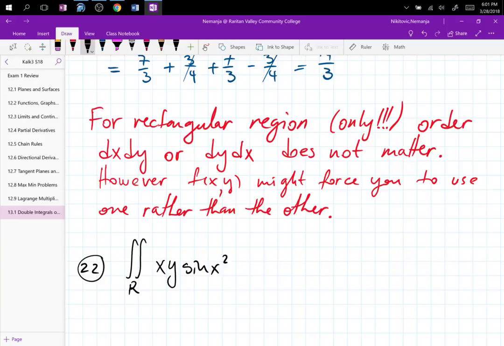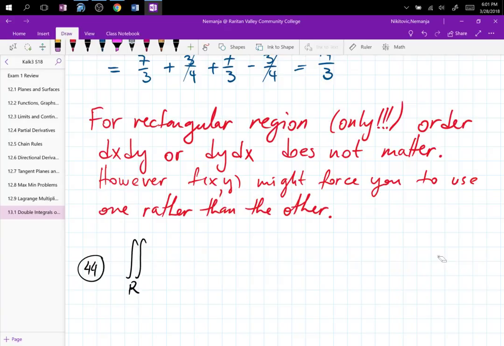Actually, no, you can do either or here. Let's double this. 44.